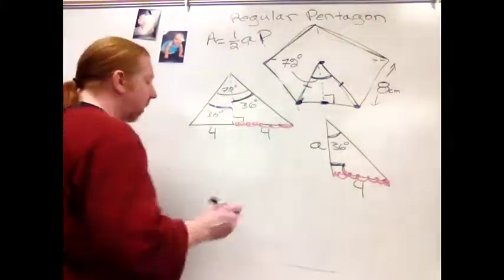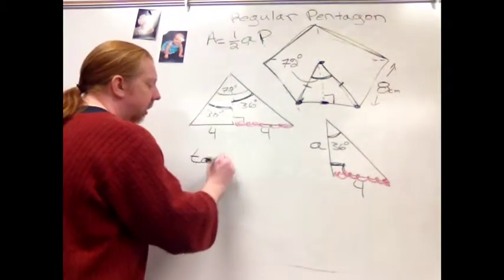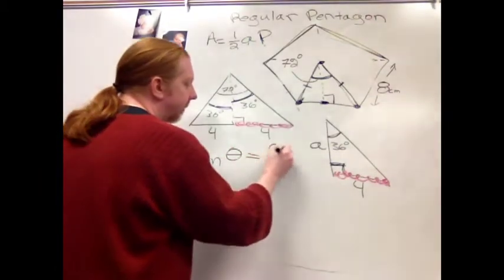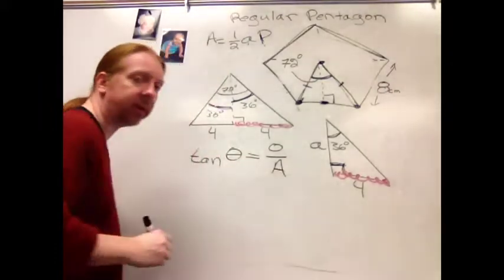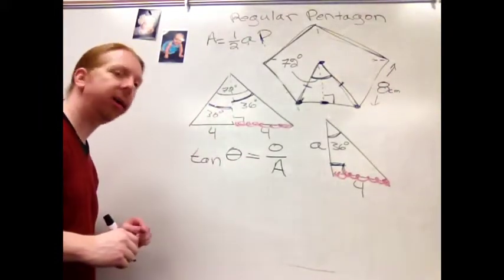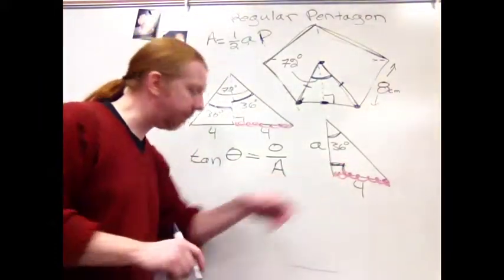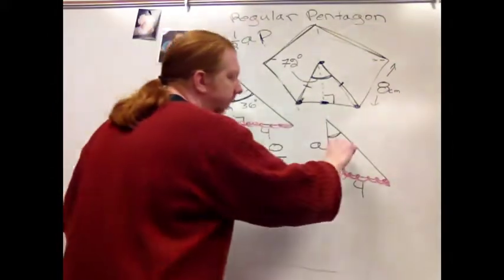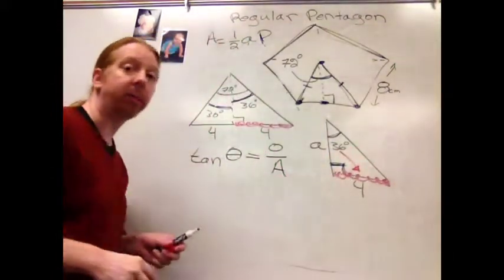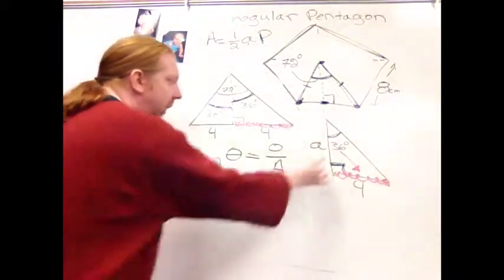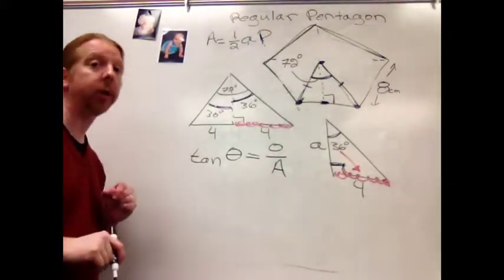For example, I know that the tangent of an angle is the opposite divided by the adjacent. When I look at this triangle here, I can see that the opposite side is going to be 4. The angle in question is going to be 36 degrees.